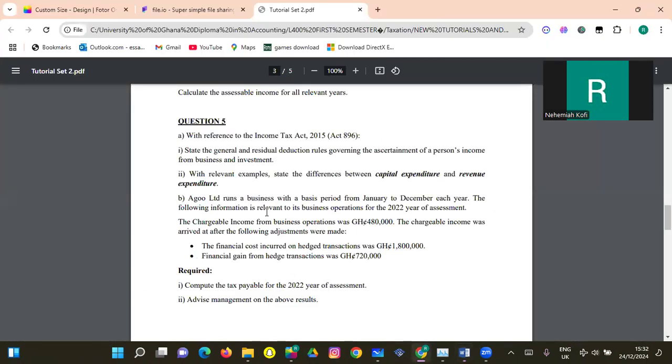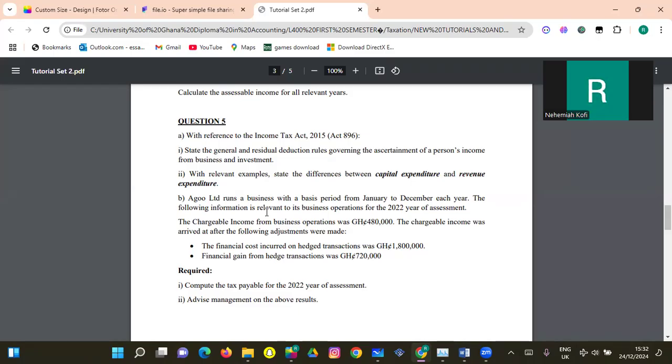So 5B: Agoo Ltd runs a business with a basis period from January to December each year. Remember they didn't say 1st January to 31st December, but you have to assume it that way. The following information is relevant to the business operations for the 2022 year of assessment.